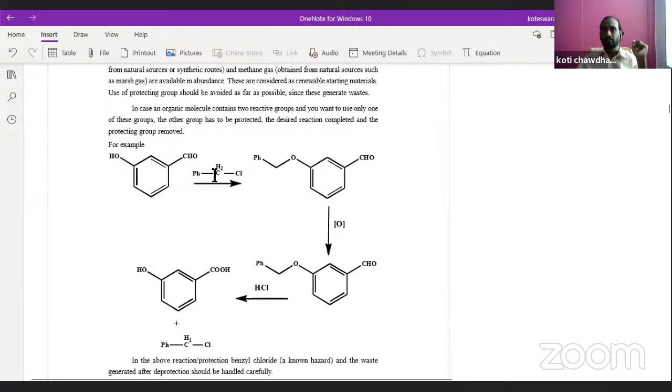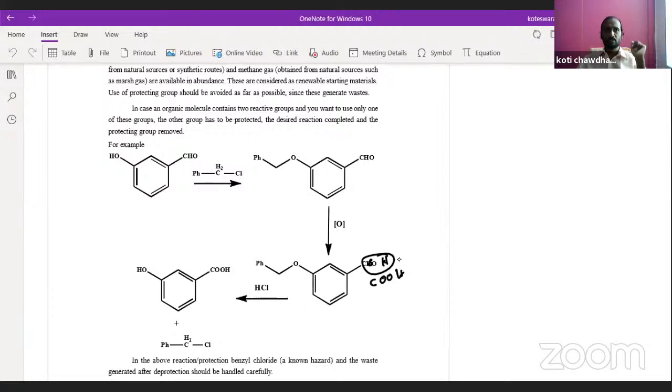We are going to conduct the oxidation of the aldehyde, but whenever we conduct the oxidation, this OH is also reacting with that. That is the reason we need to protect this OH group by reacting with benzyl chloride. Then benzyl chloride is converted into benzyl ether, a benzyl phenyl ether derivative. After that, we conduct the oxidation reaction. Then it is converted into the corresponding COOH.